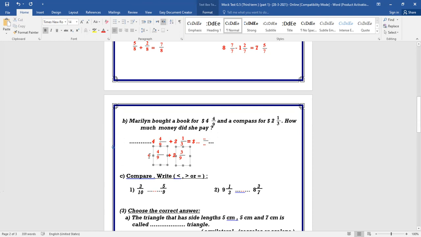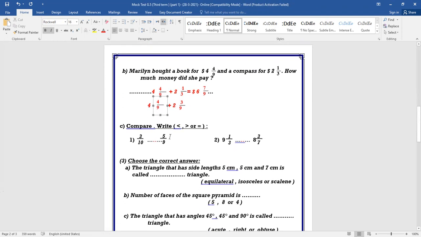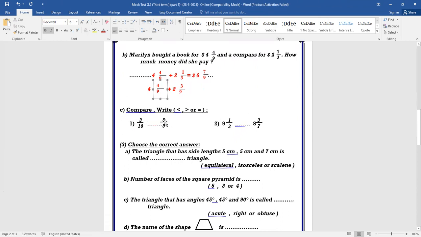Add now. 4 plus 3 equals 7. And our denominator is the same, 9. So 7 out of 9.